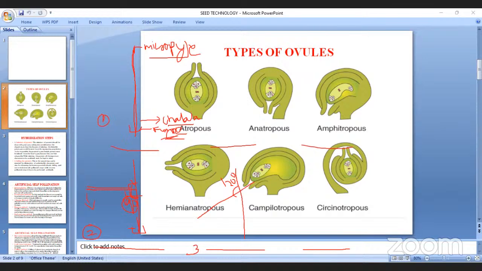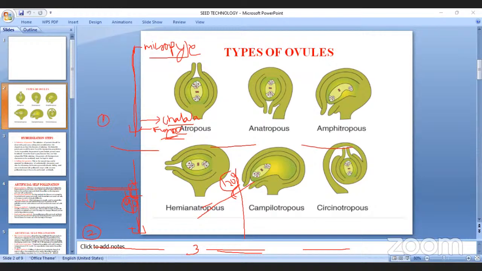It's 90 degrees, but here somewhat down. As a result, the angle is 120 degrees. This type is called campylotropous ovule. Best examples are Leguminosae and Cruciferae. Here the micropylar end is bent down slightly. So this type is called campylotropous ovule.